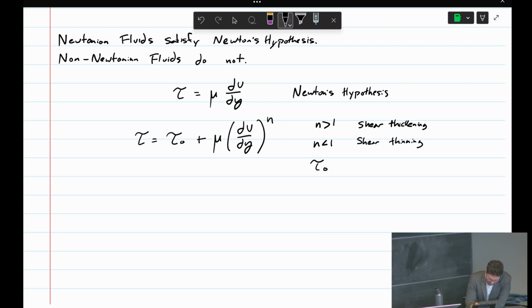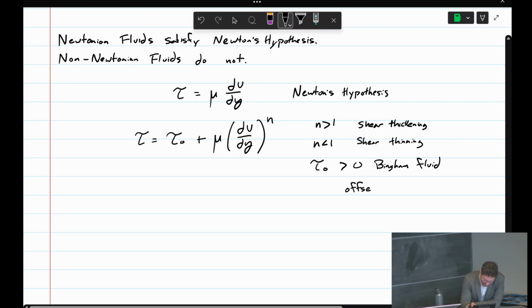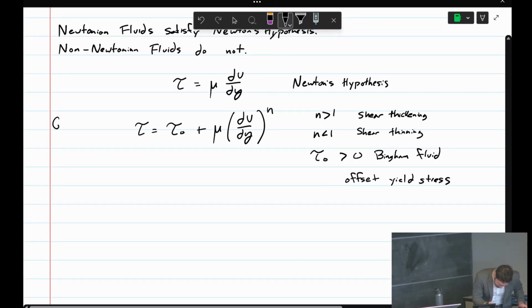And that tau 0, if it is greater than 0, we call our fluid a Bingham fluid. What tau 0 is, is an offset yield stress. I'll explain what this means graphically in a second. So this is the general case, just to be clear.